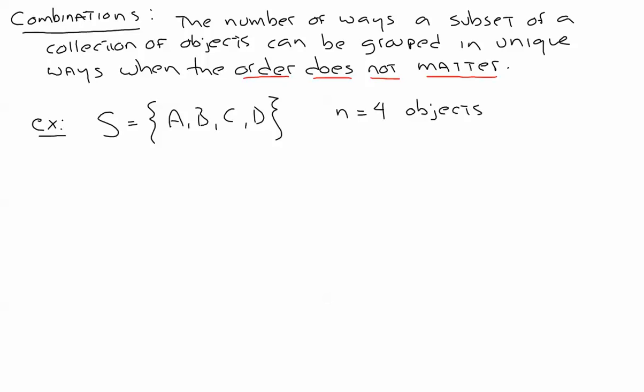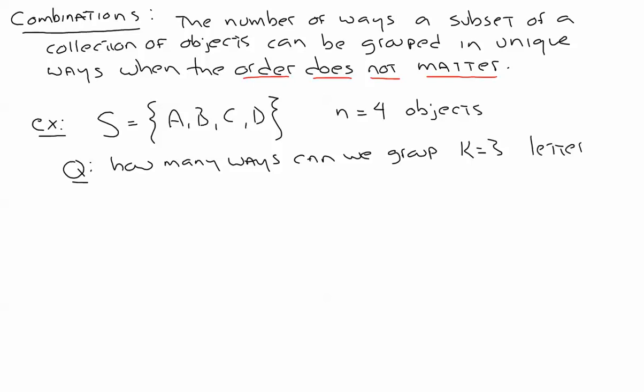We have 4 objects in my set A, B, C, and D, and we're going to ask the question: how many ways can we group K equals 3 letters in unique ways when the order doesn't matter?